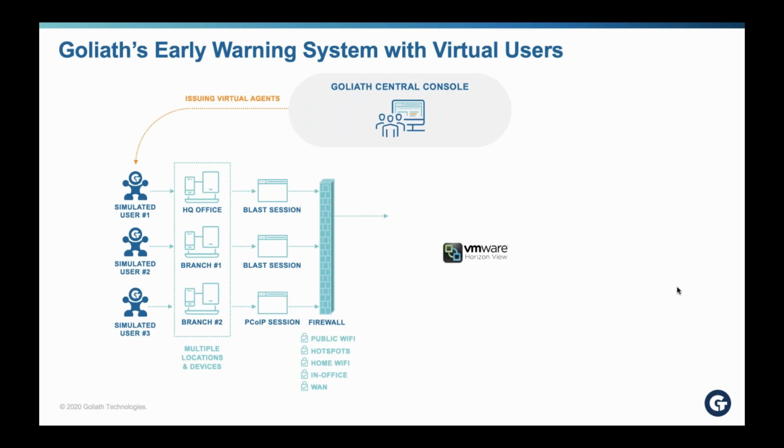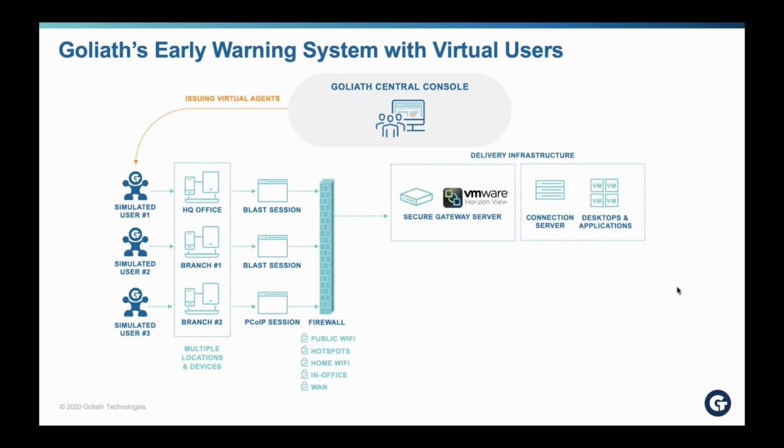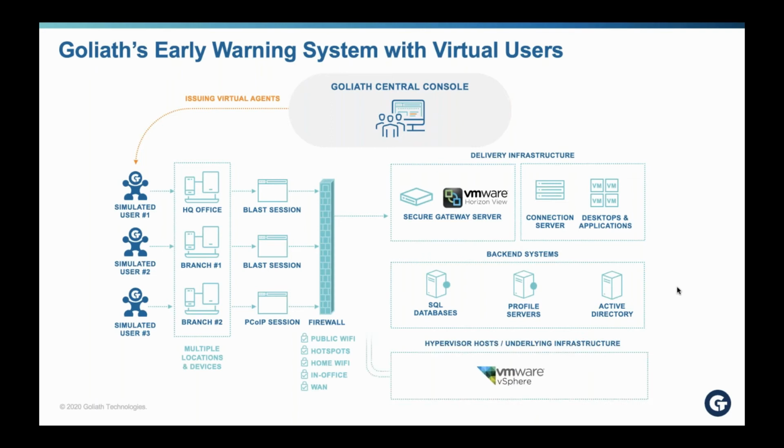It's going through the firewall, and it's making sure that the VMware delivery infrastructure components are working together. It's also testing that the back-end systems that interact with this environment are all working together, as well as the virtualization environment, and making sure that provisioning and things like that are configured correctly and available at any point in time.